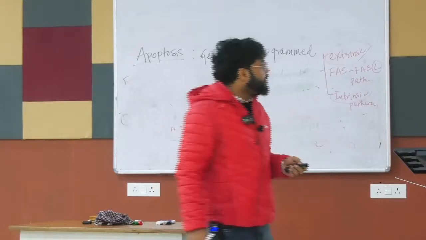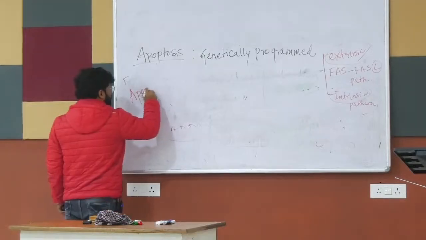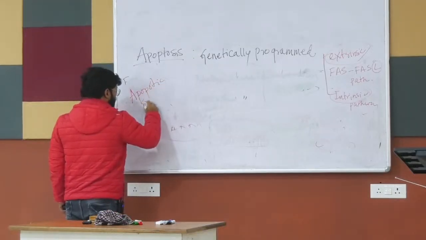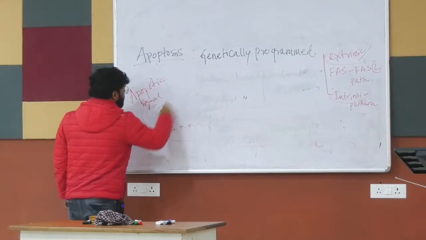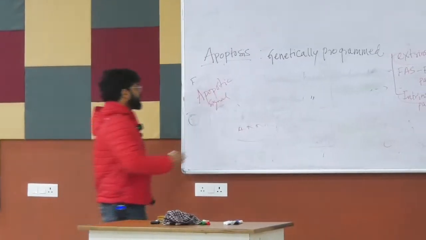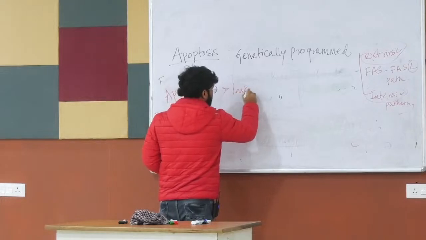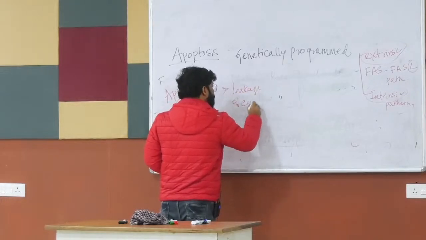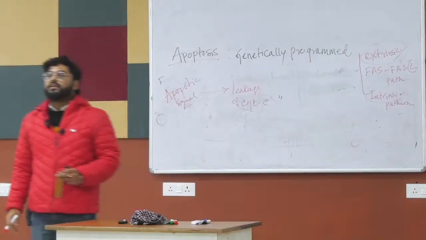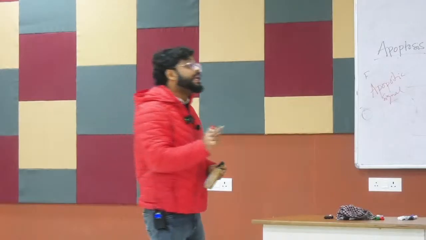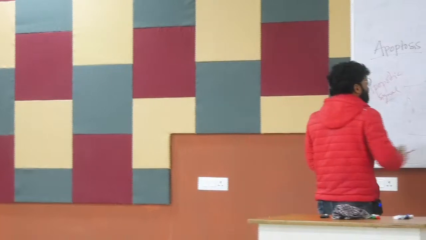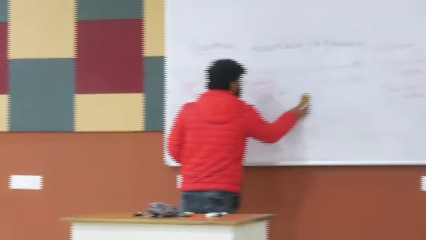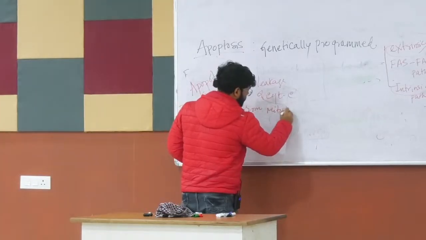So when the apoptotic signal comes from within the cell, there is leakage of cytochrome C from the inner membrane of mitochondria. They leak this molecule, cytochrome C, from the mitochondrial membrane.